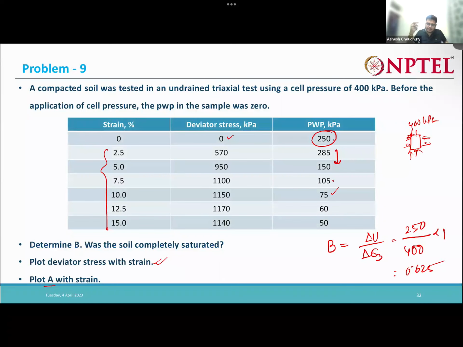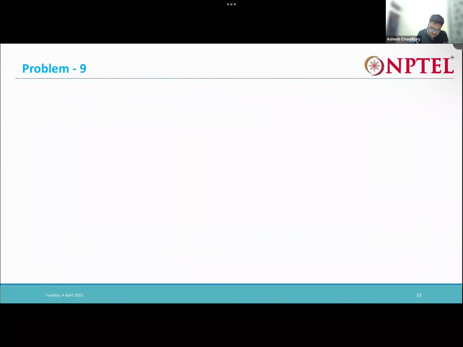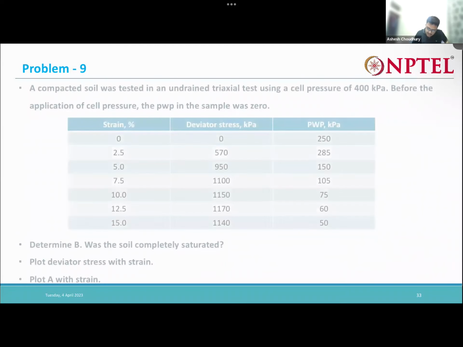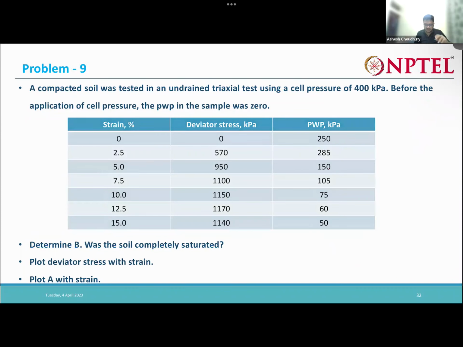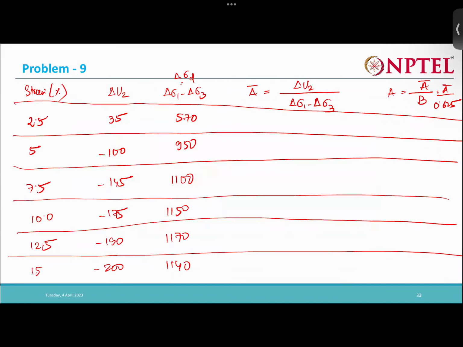From 0, we are deducting everything; all the differences are taken. 570 minus 0 is 570, 950 minus 0 is 950. Remember, these are the absolute, total values, and from 250 you are deducting, so this minus 250 gives you the change in pore water pressure.